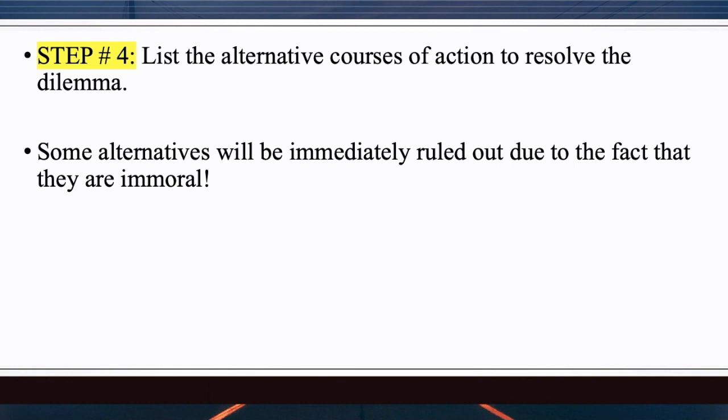So if you objectively list a bunch of different alternatives, and number 1 on the list, it turns out, well, I can't choose that one because that would be just immoral to do. Obviously, you're going to get rid of that one. But the point for this step is you want to list the different kinds of actions that can be taken to solve the dilemma.